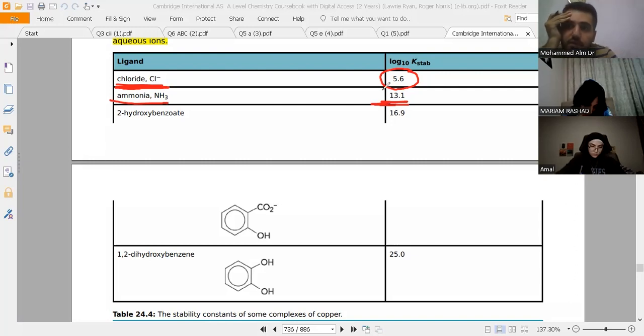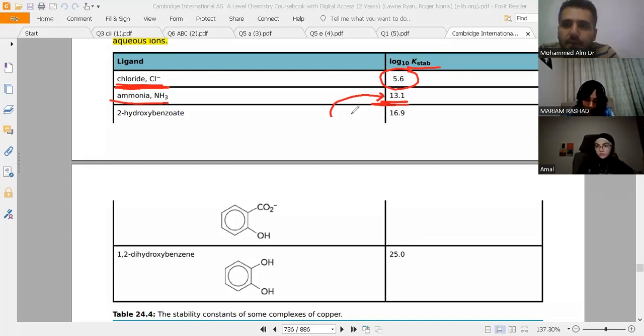Will we have a ligand substitution reaction or not? I think so. We will have. Do you know why? Because the complex with NH3 will have more stability. It has more Kstab. That's why ligand substitution reaction takes place.